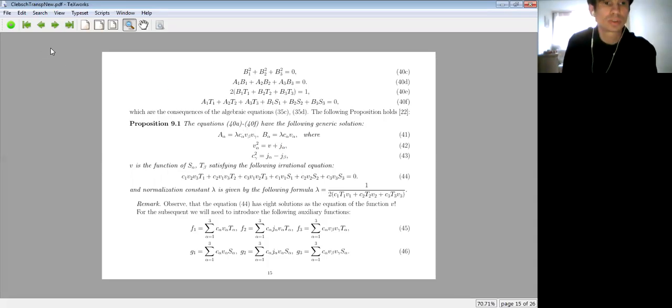These coordinates are very useful in all the calculations.